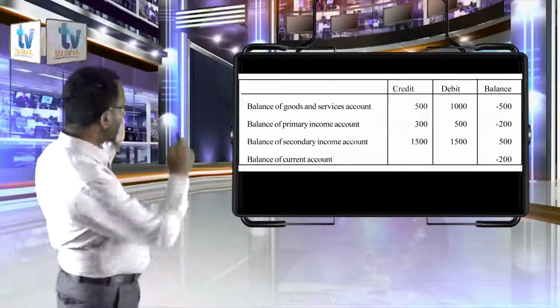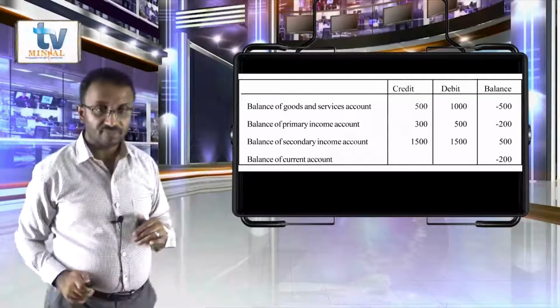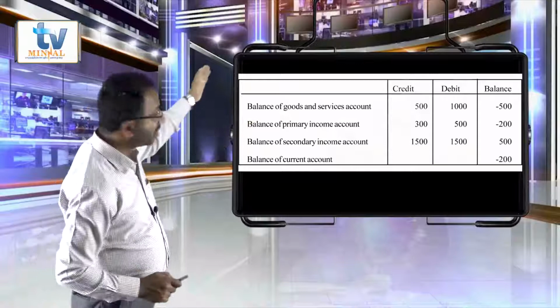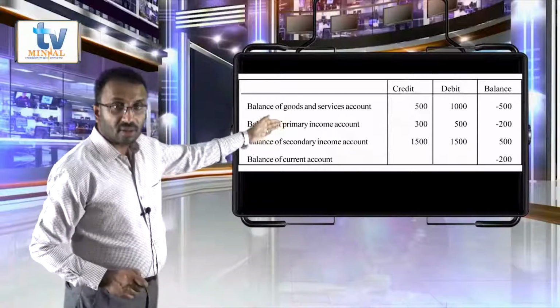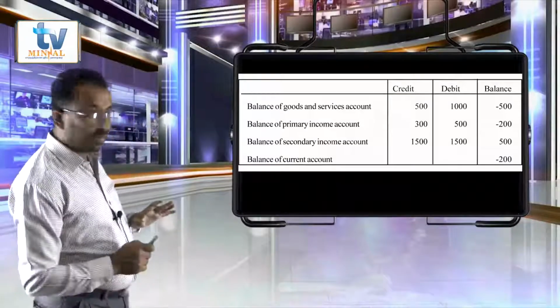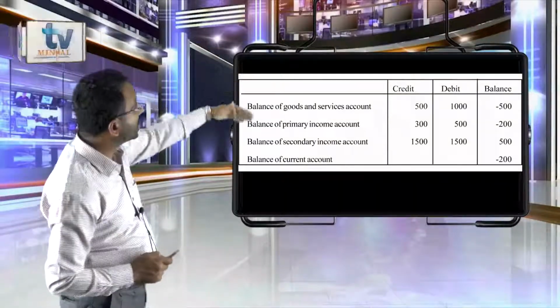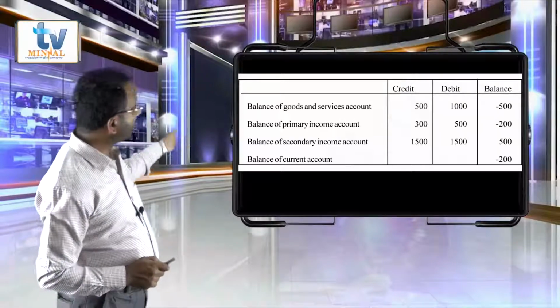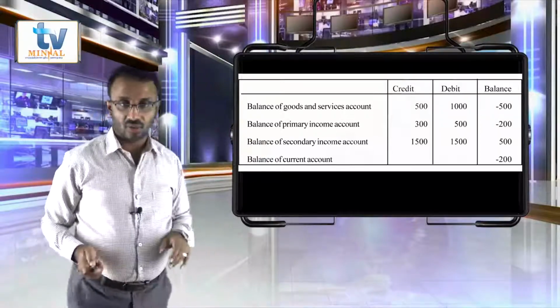So balance of secondary income account, see here, credit 1,500, debit 1,000, and balance will be 500. So simply we can understand from this schedule how to find out the balance of current account.